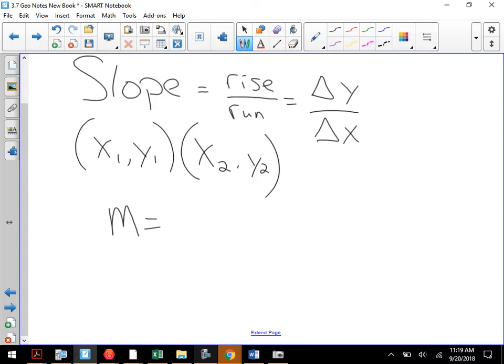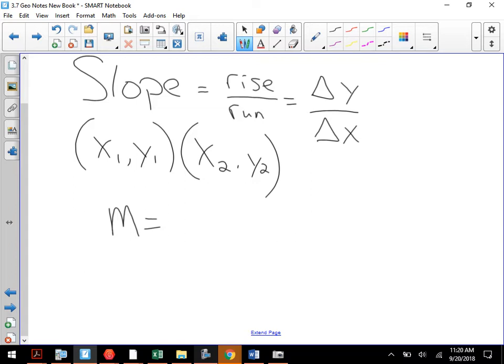Think about the alphabet. What are letters A, B, and C used for in math, especially geometry? Triangles, the Pythagorean theorem. A squared, B squared, C squared. We use that a lot. What is D used for in math? Distance, diameter. Okay.